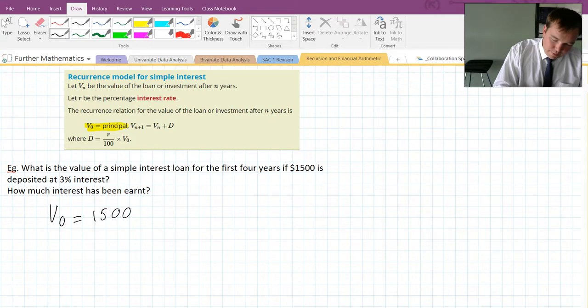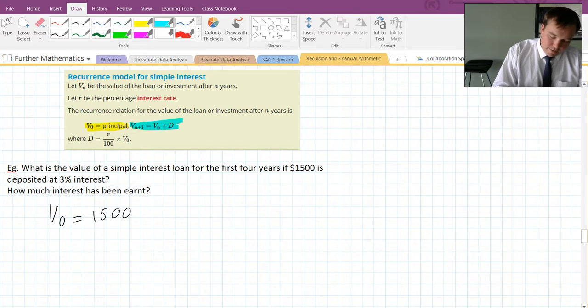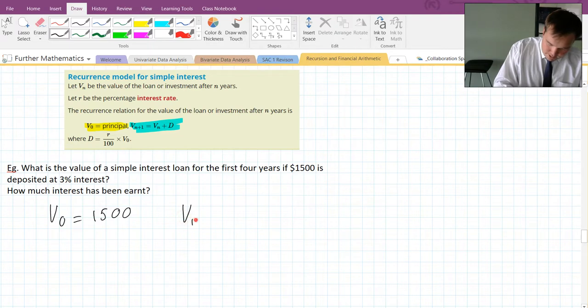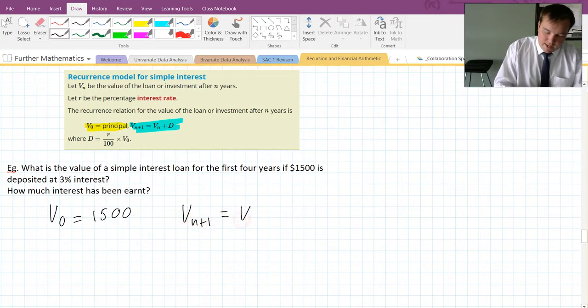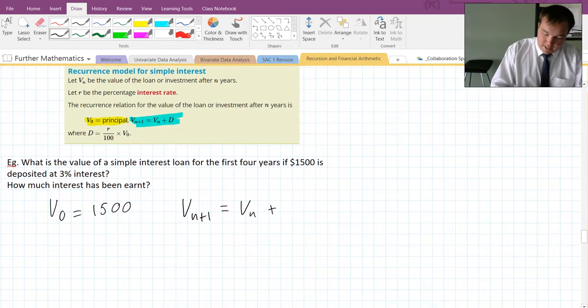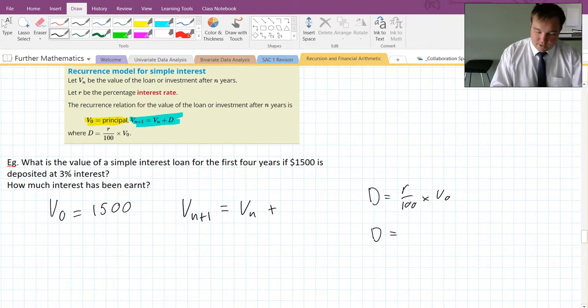Then, the value of the loan, or the amount owed, can be modelled with this part of the recurrence relation, where V(n+1), so how we get to the next year in our time series, is equal to Vn plus D. Now D is the common difference, and in our case, D is equal to R on 100 times V0. What D is, is the percentage increase or decrease each year.